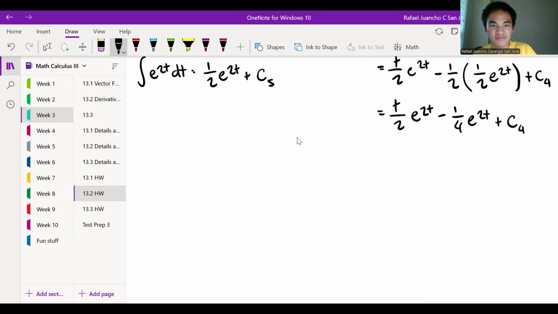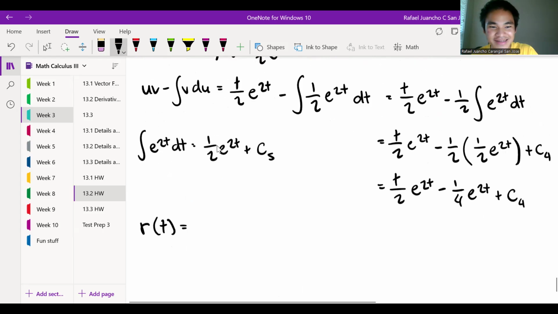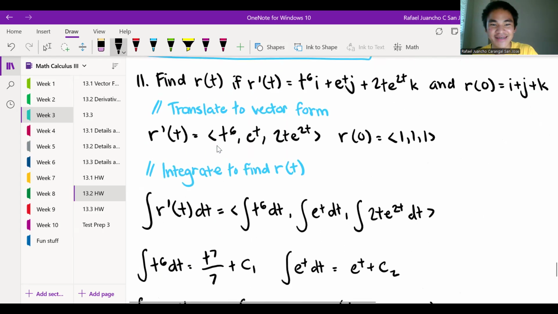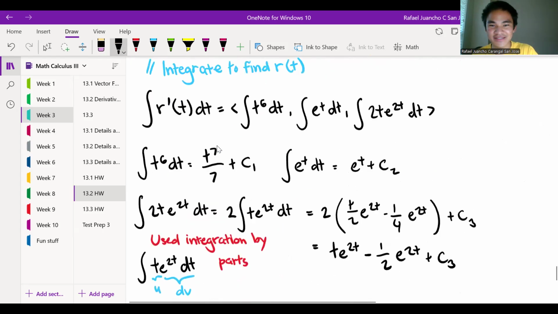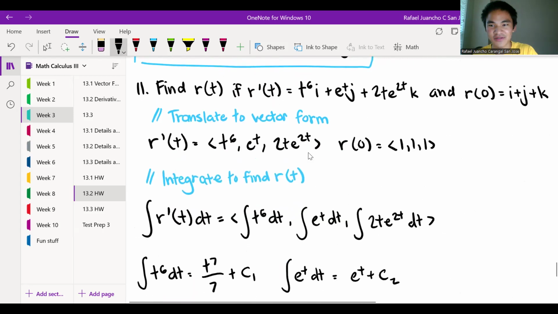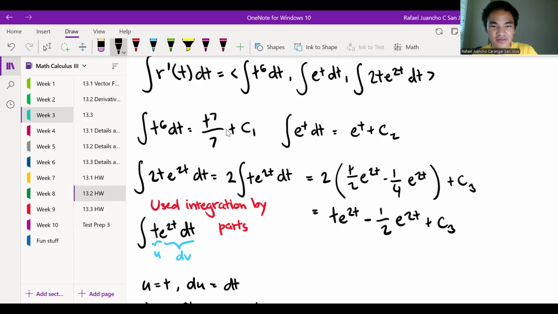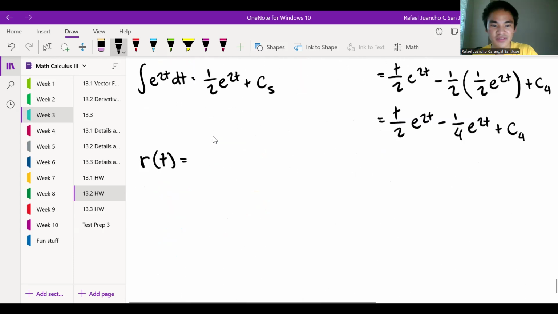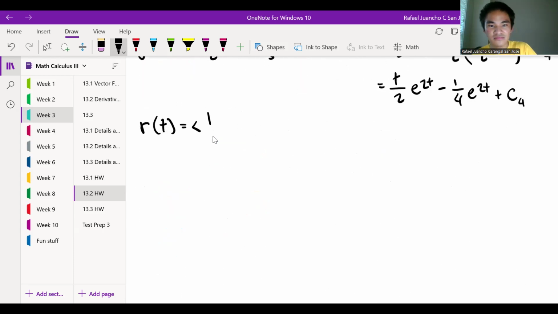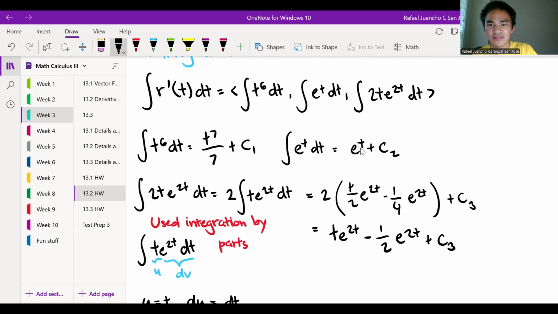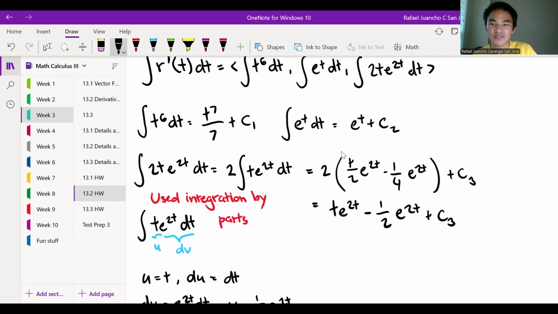Okay, so now we have my vector function. Now we're going to calc 3. So my vector function, which is, so we don't consider the constants anymore. I mean, actually we do, my bad. So we have t to the 7th over 7, so that was my x component, comma. My y component is e to the power of t plus c2.